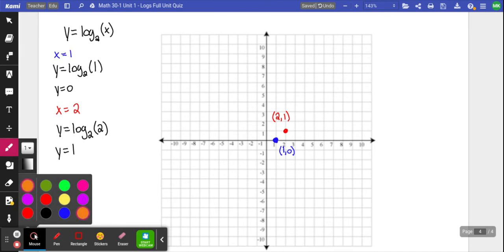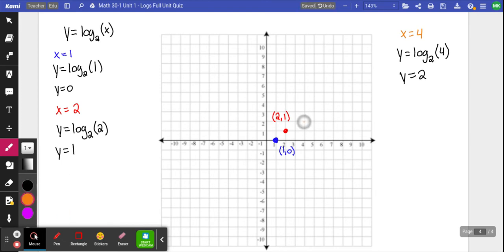So what happens when x equals 4? Go to your equation and change x to be 4. As long as you choose points that are on the graph and you graph them, I'll be happy. So 4 and 2 would be here. You don't have to do the same points as me. You just have to have 5 accurate points. So that one was 4, 2.